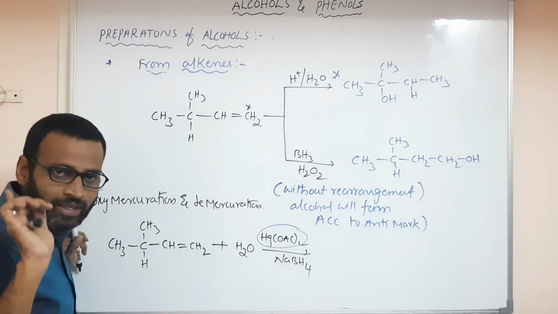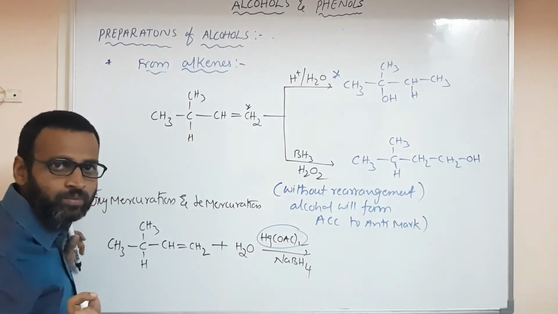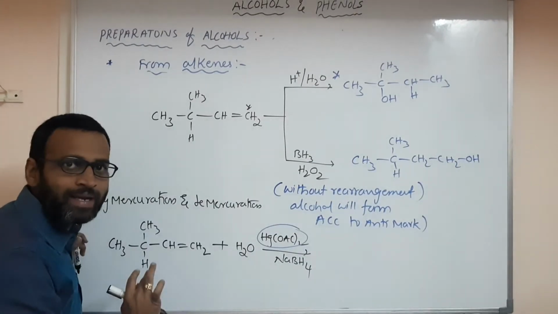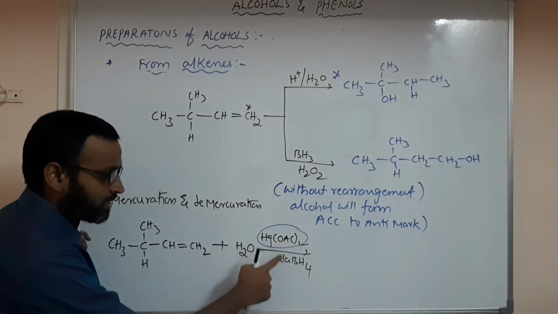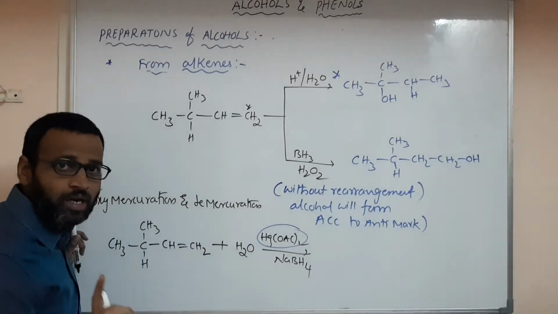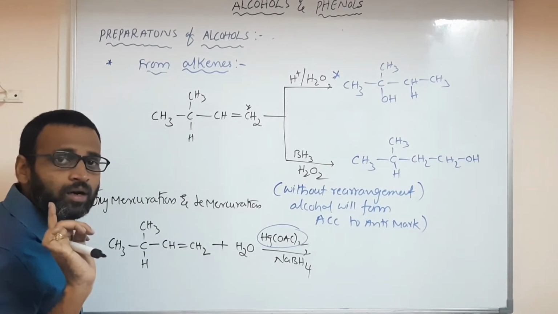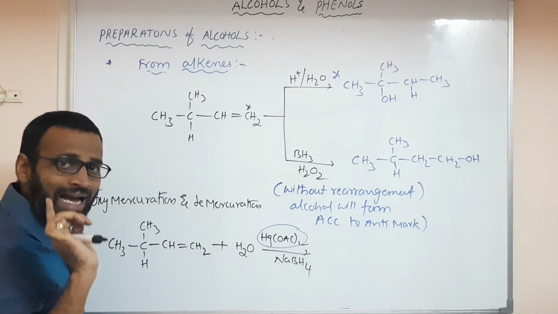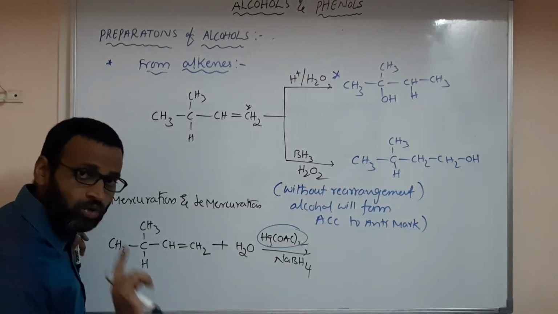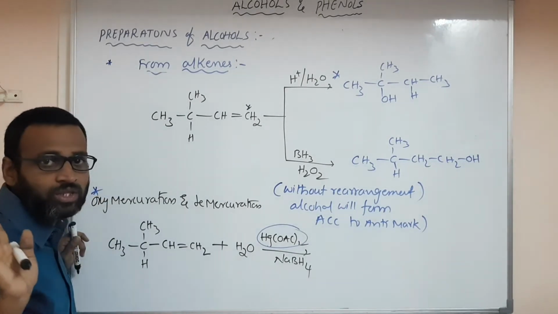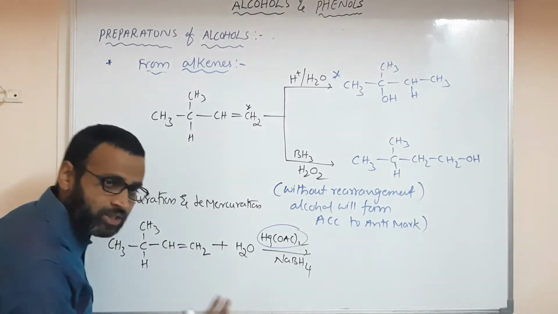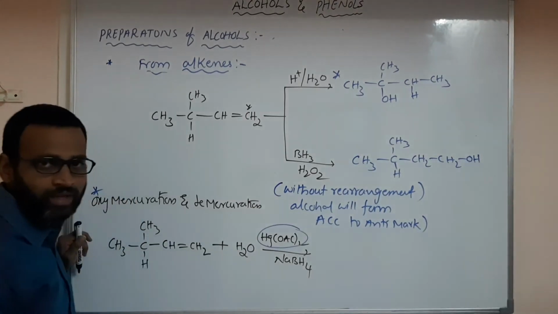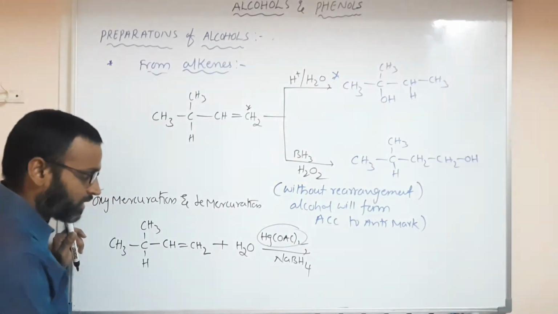Remember this. I will tell you only one point because you are going to write the NEET exam, so mechanisms are not required. When you are using mercuric acetate and NaBH4, remember alcohol will form according to Markovnikov rule and without rearrangement. That means no 1,2 hydride shift and no 1,2 methyl shift. Understanding what I am saying?